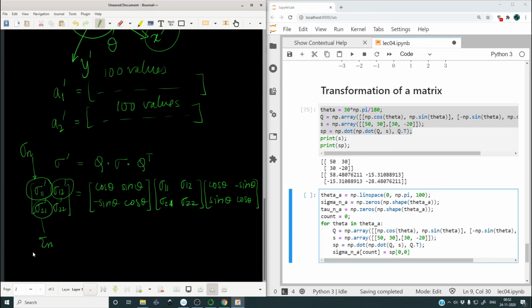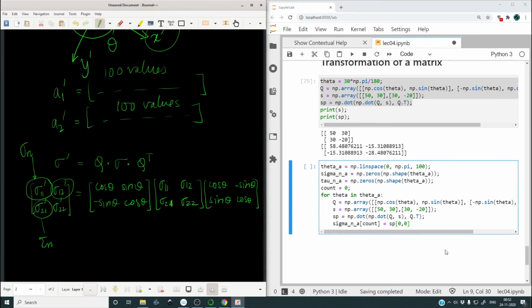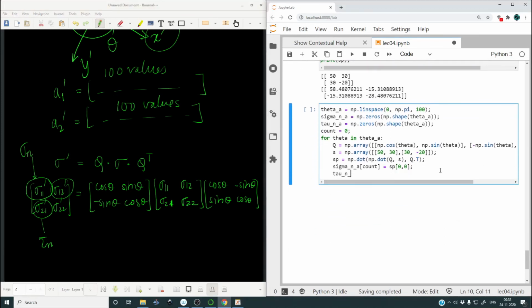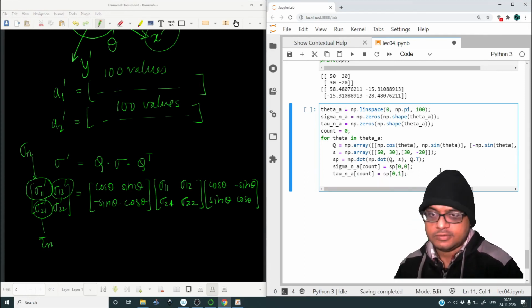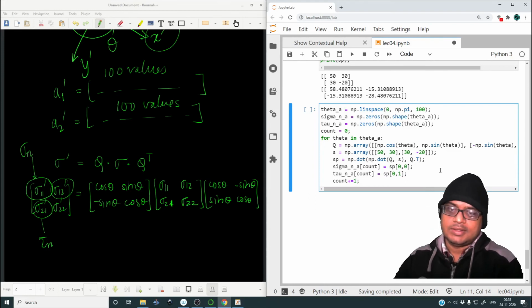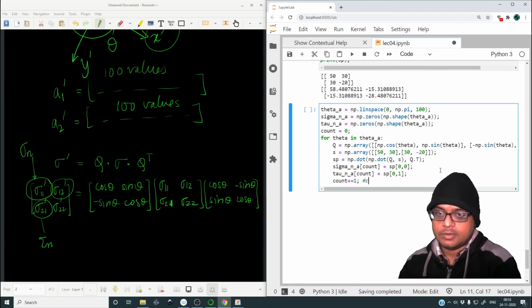So all right, before this we have to increment count as well. So one way of doing this is count plus equal to 1. So this is equivalent to writing count equal to count plus 1.